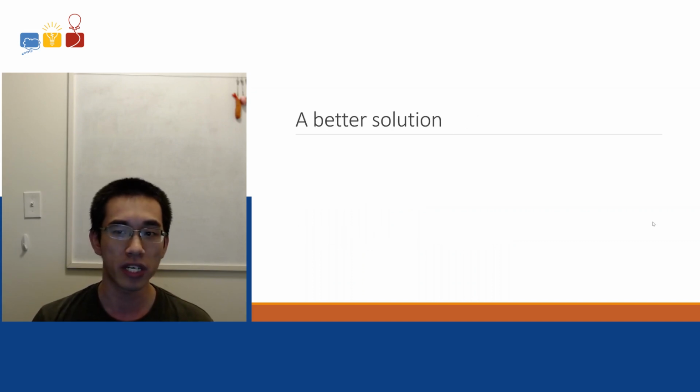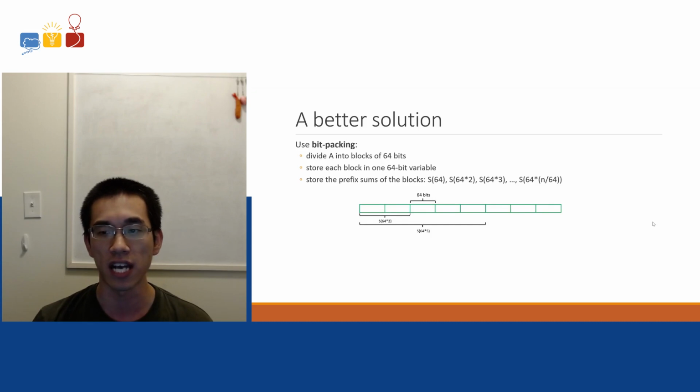One trick that is useful in practice and also in programming competitions is bit packing. It turns out that this is also useful here. So we can use bit packing for this problem. We divide the input array A into blocks of 64 bits, and then we store each block in one 64-bit variable.